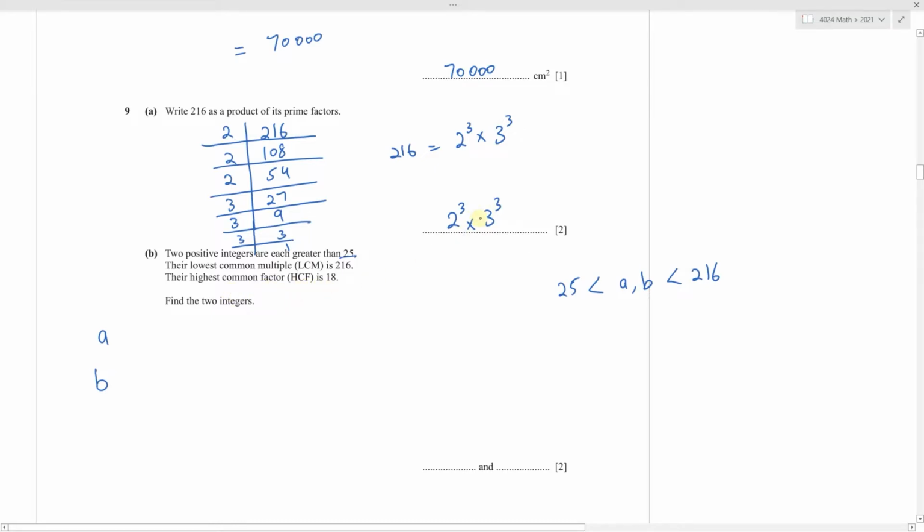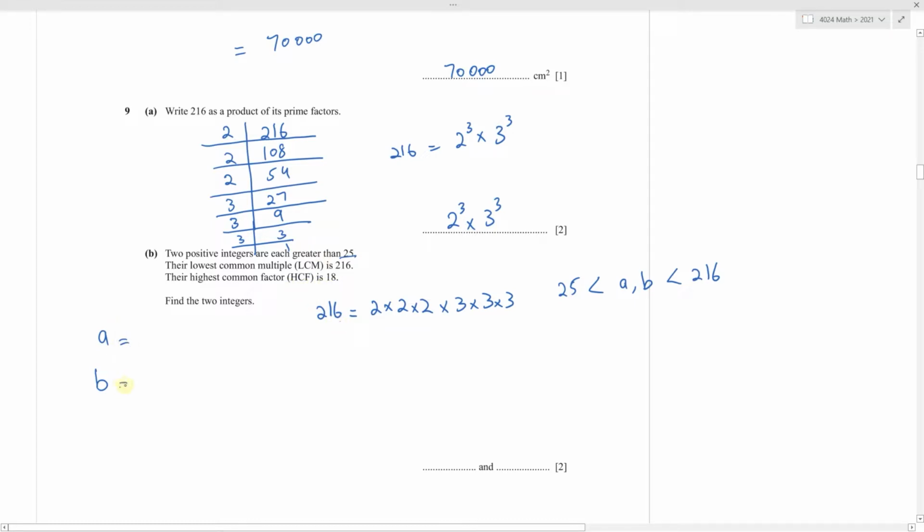So now you have already written 216 as a product of its prime factors, which was 216 equals 2 multiplied by 2 multiplied by 2 multiplied by 3 multiplied by 3 multiplied by 3. Now you know that the LCM is 216 and HCF is 18.